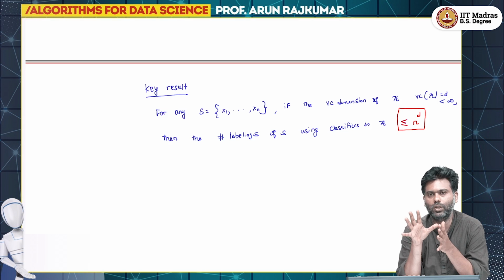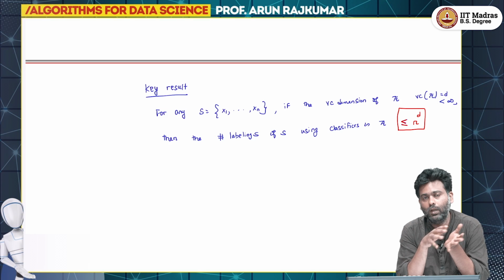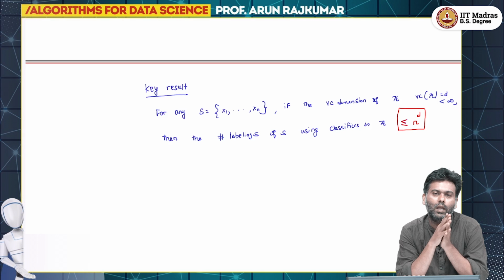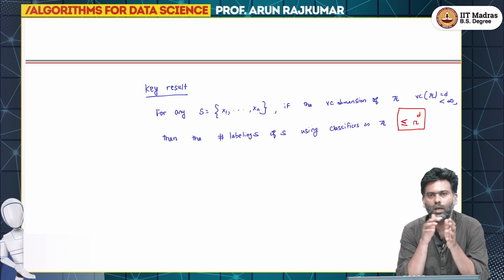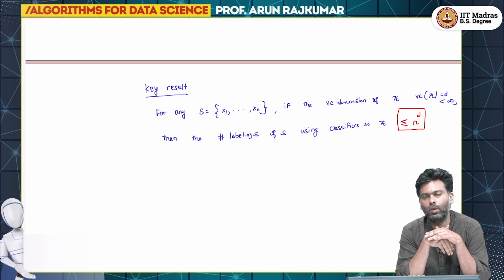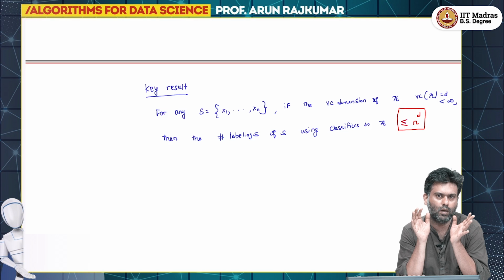There is a restriction on the possible number of labelings the moment I restrict the VC dimension of my hypothesis class. For example, for the interval hypothesis class, I could have just figured out that VC dimension is 2, and even without our explicit argument, this is already telling me that you can at most have n squared labelings for any set of n data points.